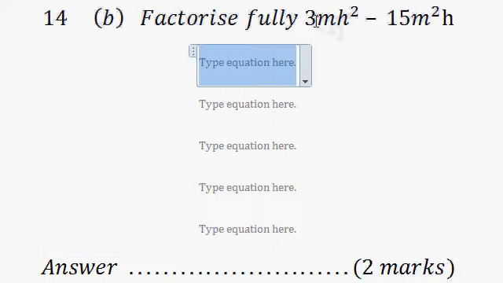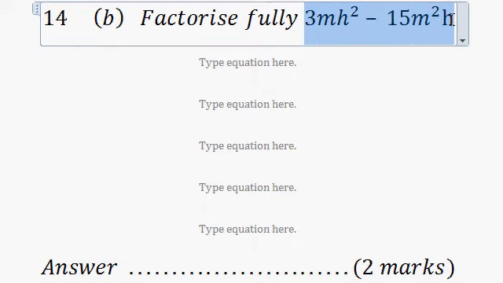So we have the expression 3mh squared minus 15m squared h. We're going to put this in the form of brackets that when we multiply out those brackets, or expand those brackets, we will be left with this. We will get this answer back. So you need to see the two things that you've got, 3mh squared and minus 15m squared h.